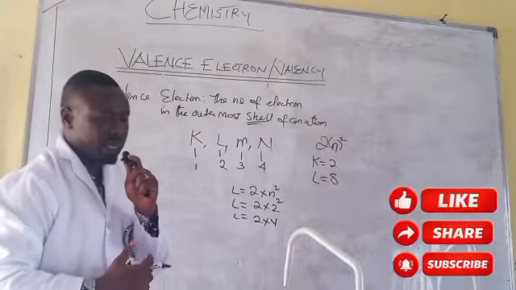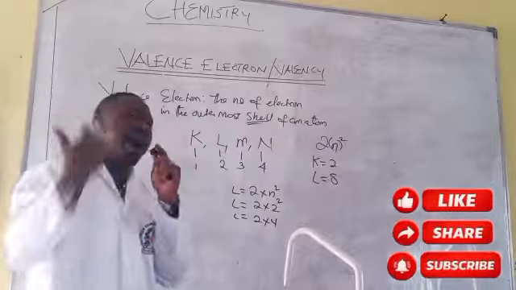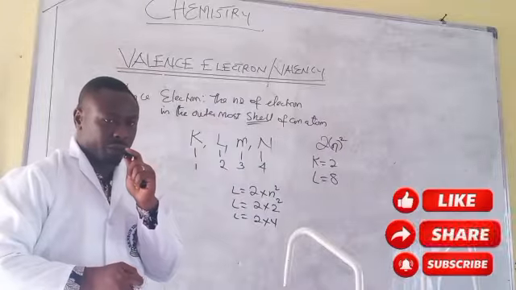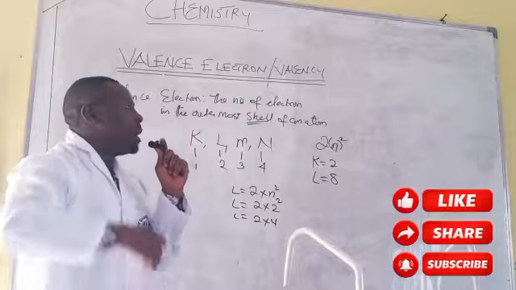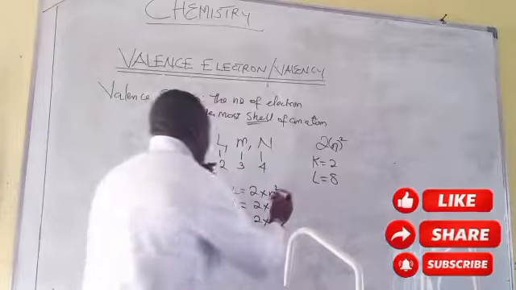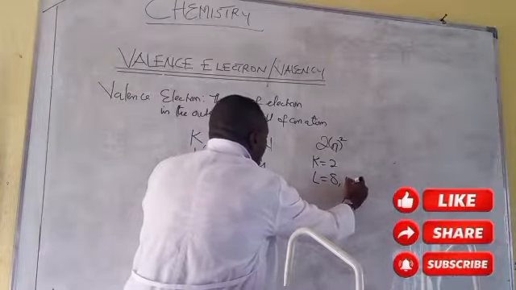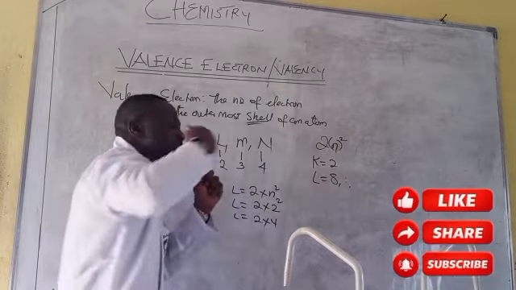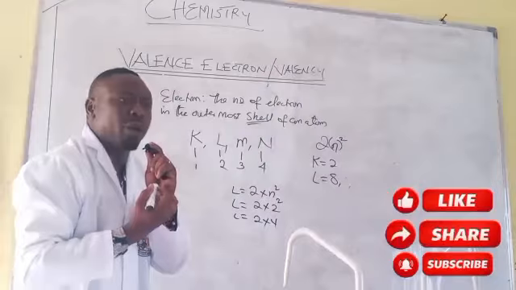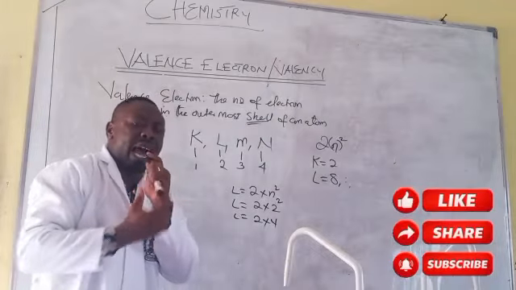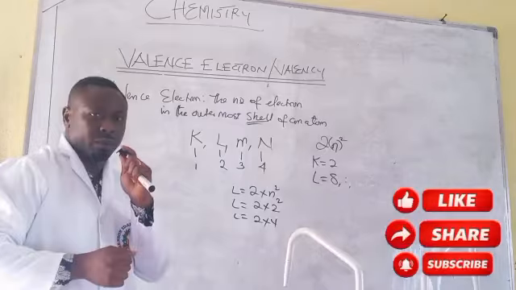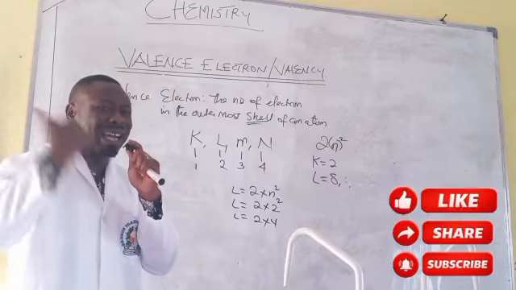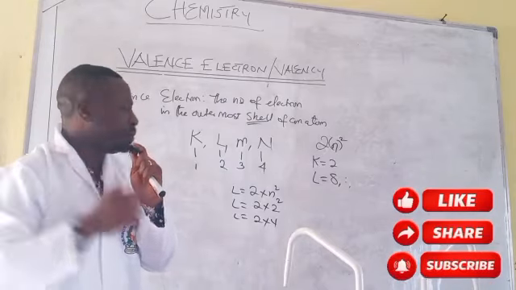Please listen very carefully. The L shell can carry 8 electrons: 1, 2, 3, 4, 5, 6, 7, 8. The maximum number of electrons that the L shell can carry is 8. Please take note. It cannot accommodate 9.